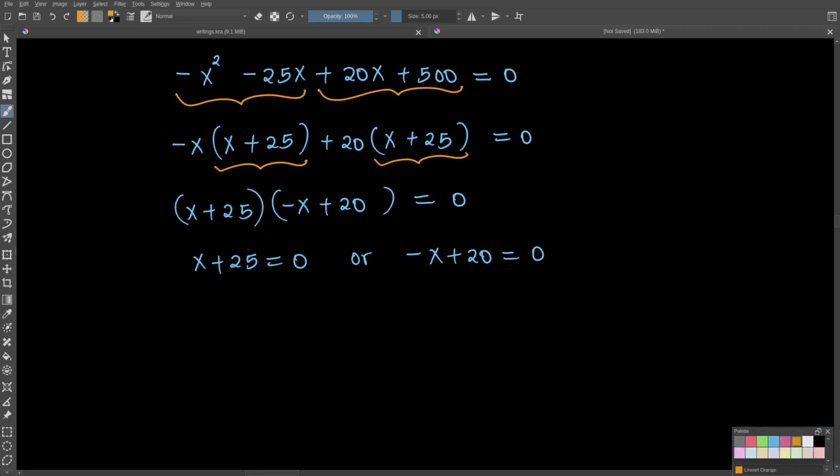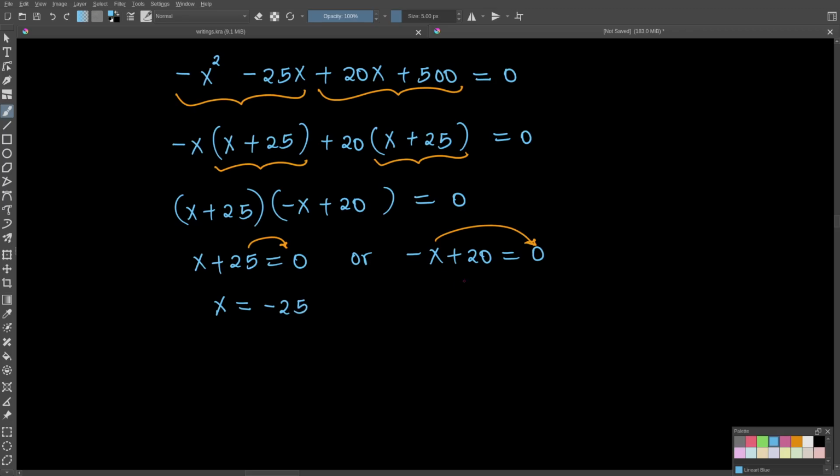So for this first case, let's take the 25 to the right side. And then for this second case, we are going to take the x to the right side because it's easier that way. So for the first case, when you take the 25 to the right, on the left, we remain with x is equals to 0 minus 25 gives us negative 25.